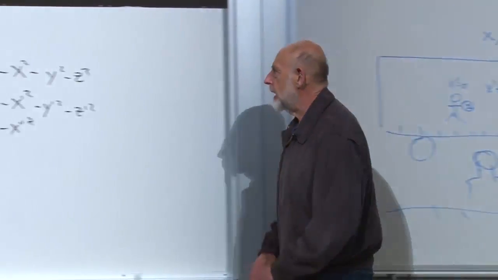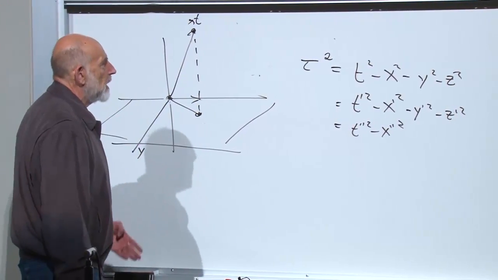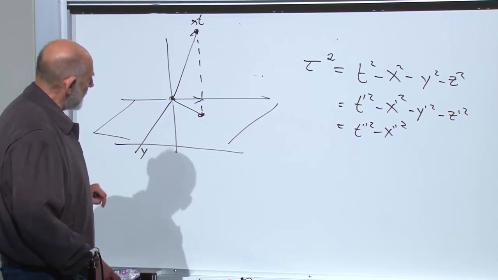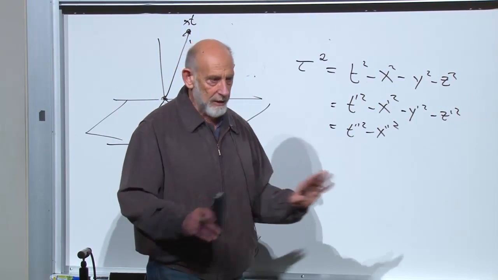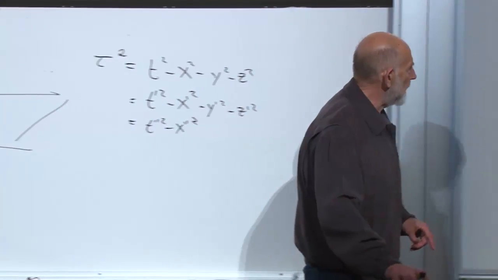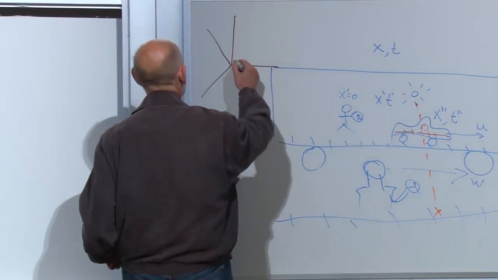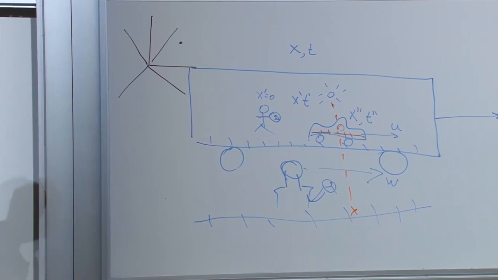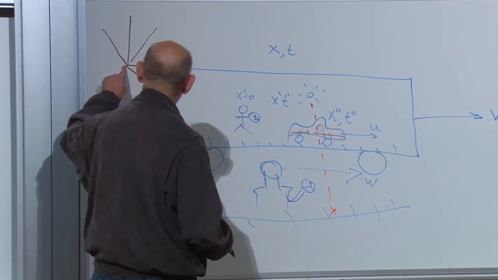If we make any combination of Lorentz transformations and rotations of coordinates, we will always find that for any 2 inertial frames which agree at this point over here, tau squared is invariant. It's the same in all inertial reference frames. And it's very similar to the idea that in ordinary Euclidean geometry, different coordinate axes will ascribe different coordinates to a point in space, but they will always agree about the distance of a point from the origin.